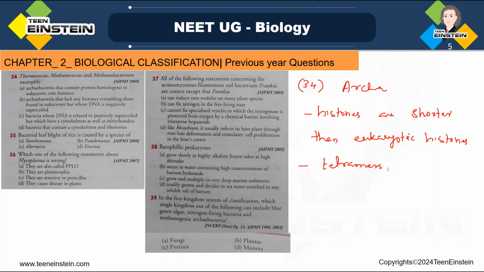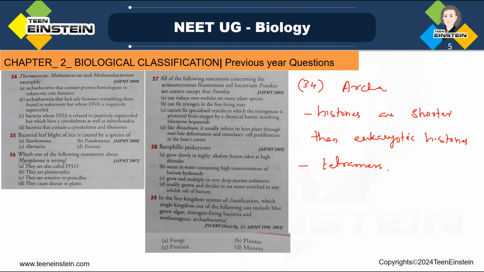Okay, so these are the main points. Thermococcus, Methanococcus, and Methanobacterium belong to archaea, and their histones are shorter than eukaryotic histones, and they are assembled in tetramers. So here, which option can we choose in 34?